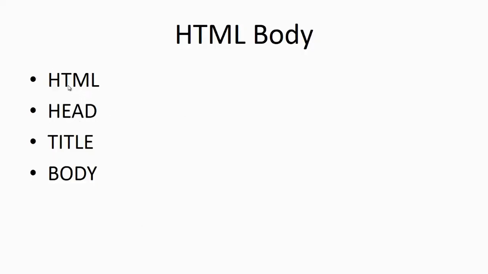So this is kind of saying, okay, this is an HTML page, and then the next thing you'll see is the head. If you think about a human body, you have the head, and right below that you could have a name tag, like the title. And then right below that, you have a body, and of course you have your feet and everything like that. So that's probably the easiest way to think about it.